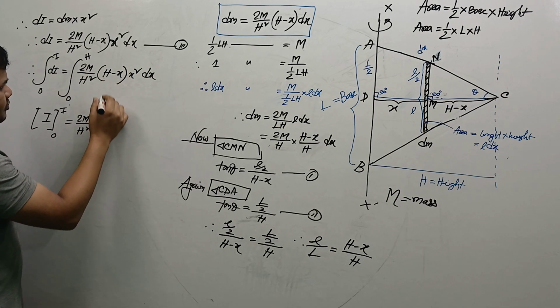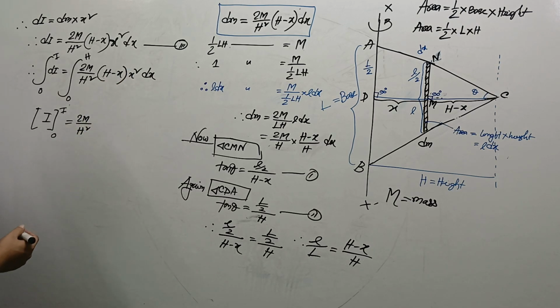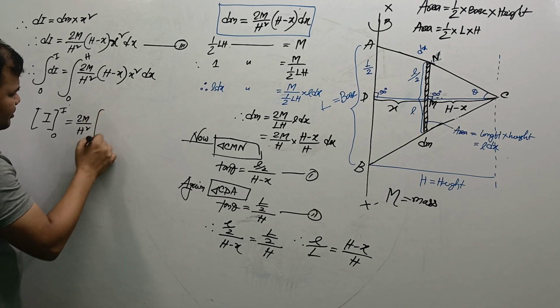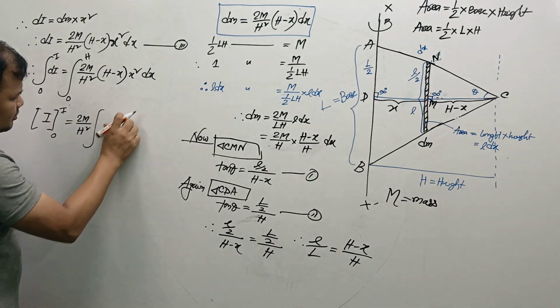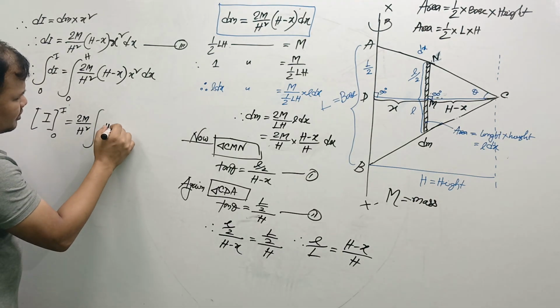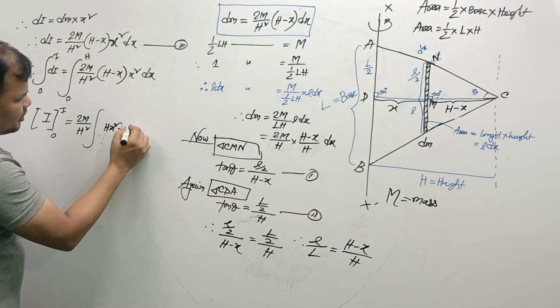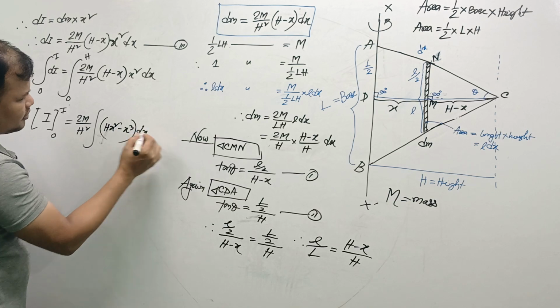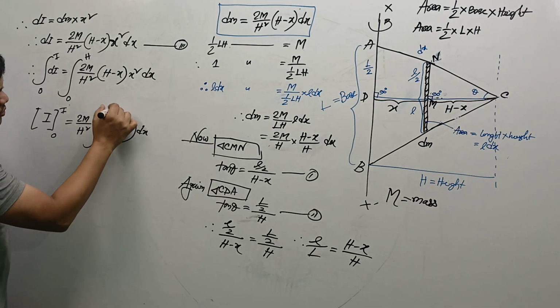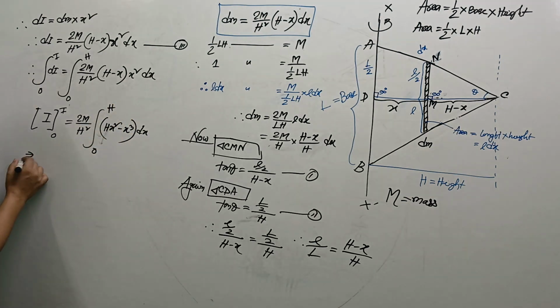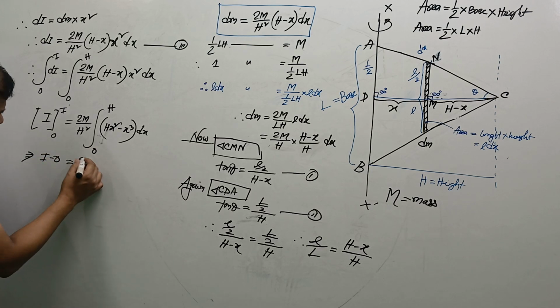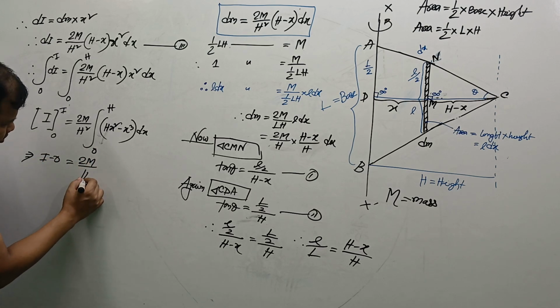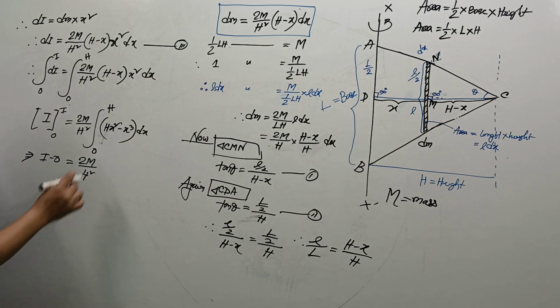Okay, here just try to understand what is actually happening. Here a square is x square into x cube, 0 to h. Now we put the upper limit minus lower limit. 2m divided by h square.